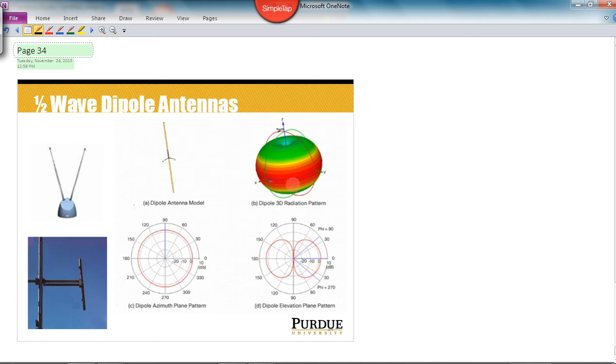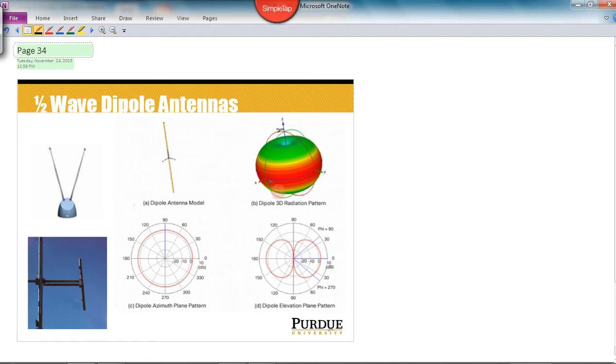It radiates energy outward in the horizontal direction, which is perpendicular to the orientation of the antenna, right? The radiation pattern is going along the y and the x-axis, not along the z-axis. The pattern shown here is formed from perfectly thin dipoles with two infinitesimally thin wires that are oriented vertically along the z-axis.